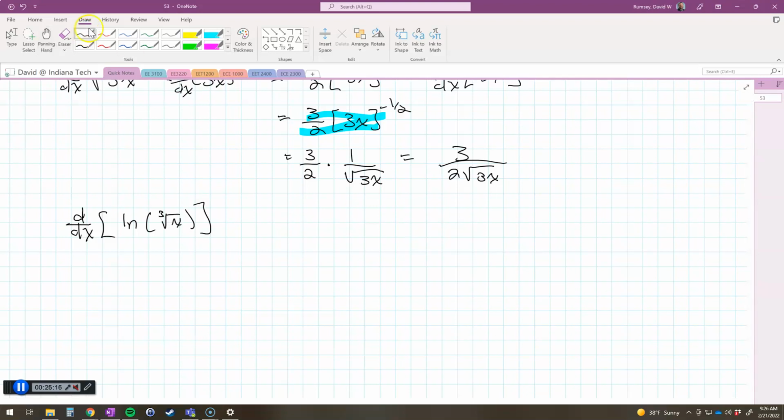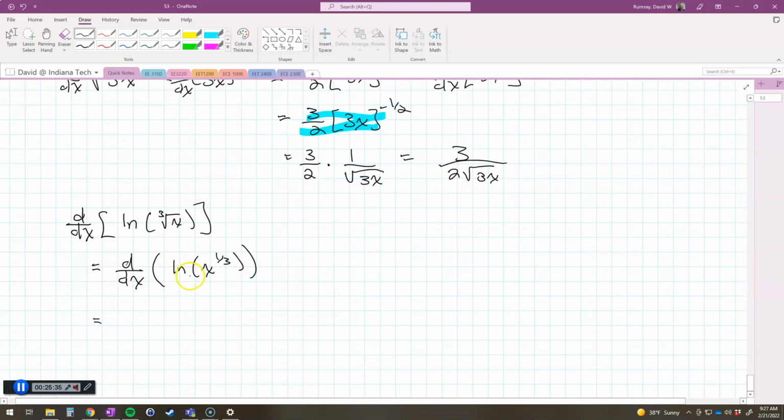And so this one here would be equal to, well, first, before I do any derivatives, anytime I see a radical, I'm going to convert it. And so I'm going to convert this to the natural log of x to the 1/3 power.